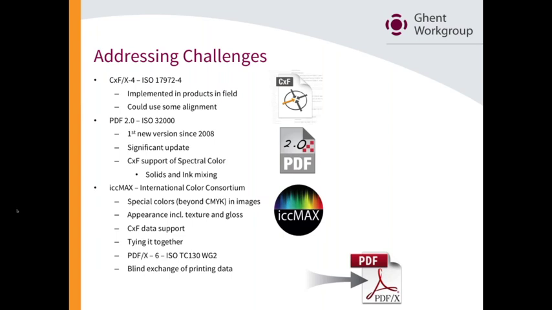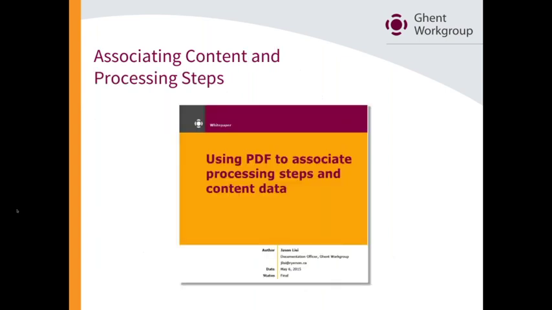And as I said, we have a specific packaging for prepress webinar coming up. I believe it's in January. So if you want more information on that, come on in.